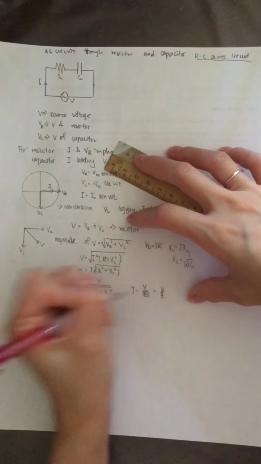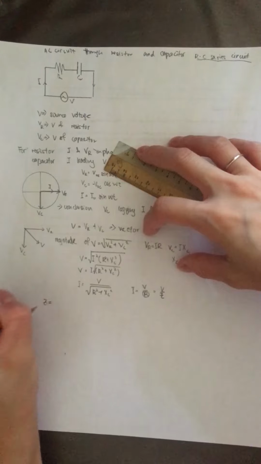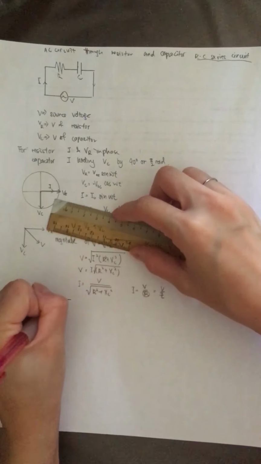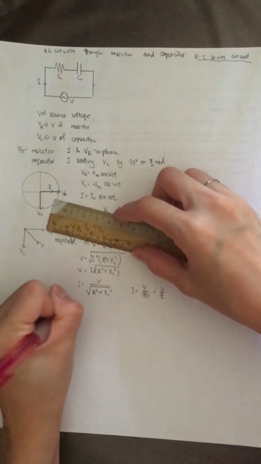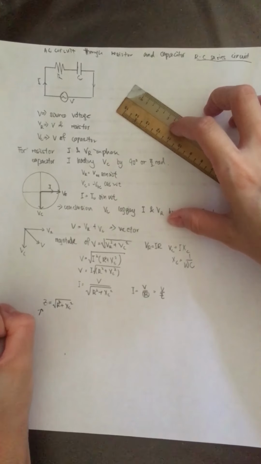Okay, so here you know that Z is your impedance, which is square root of your R square plus XC square. Okay, so this is your impedance.